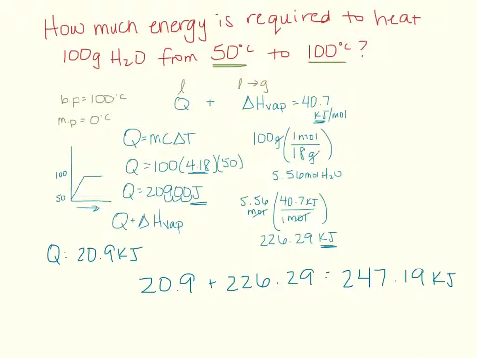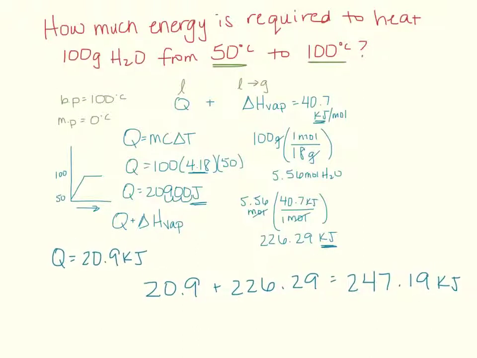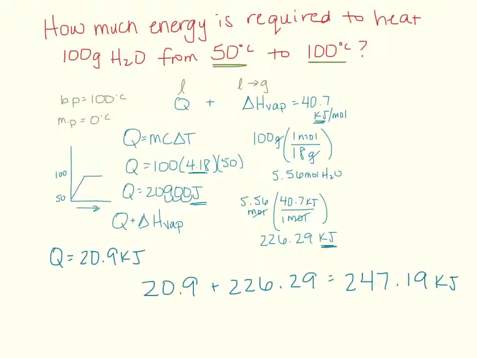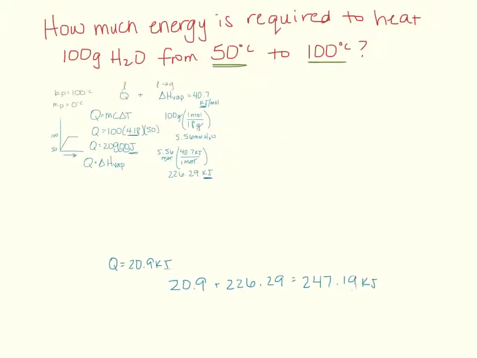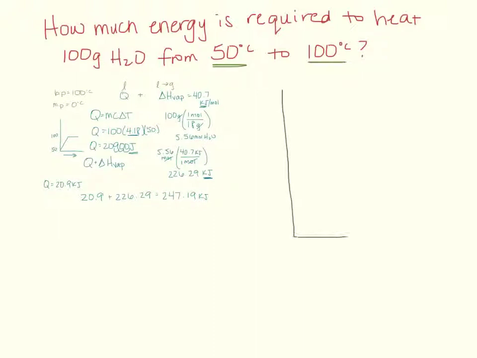Now, the only thing that I want you to be aware of for problems like this is if you have more than one step. Let's say I was raising water to 105 degrees Celsius.